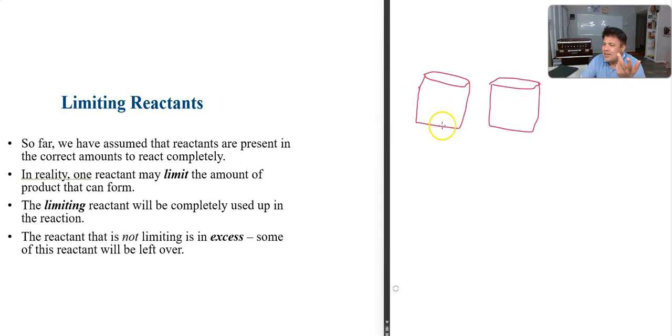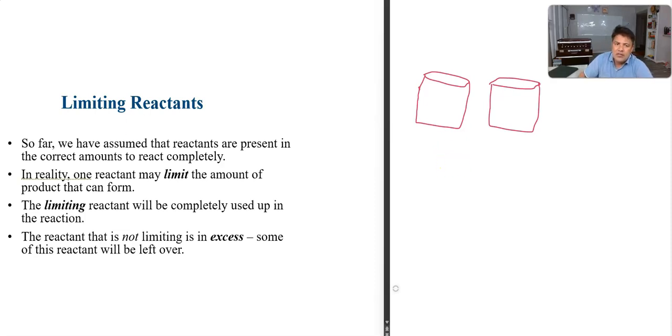But if you don't have equal molar proportions of the two reactants, then one reactant will be left behind unreacted, and the other reactant will be completely finished off. Whatever is completely finished off is said to be the limiting reactant. Whatever is not finished off, still left behind unreacted, is said to be the excess reactant.